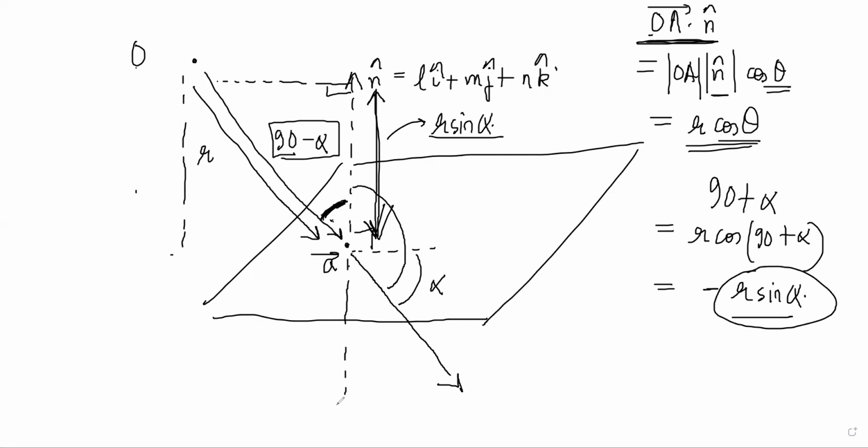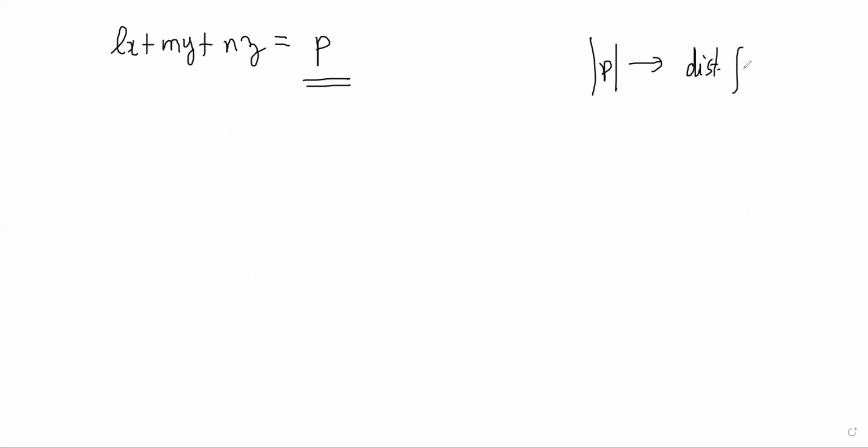So when I write the equation Lx plus My plus Nz equal to P, this P, the mod of P, represents the distance from origin to plane. Are you understanding? It is the same thing as saying r dot n cap is equal to a dot n cap.